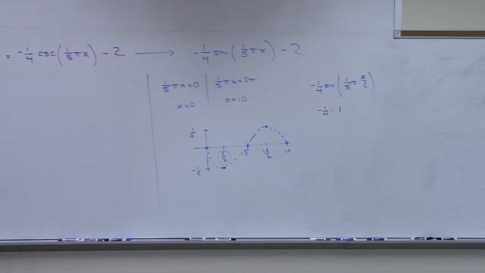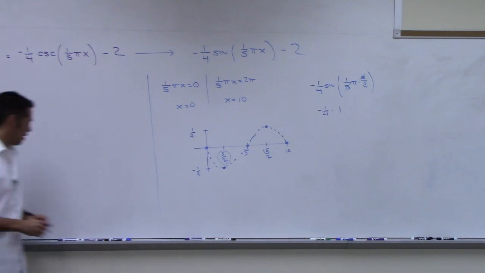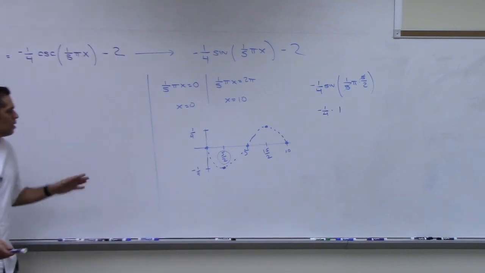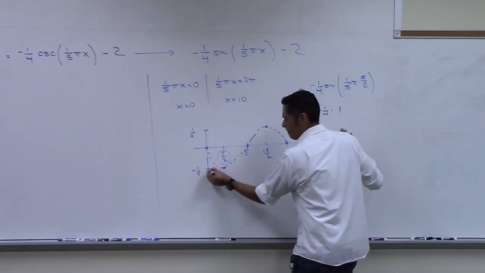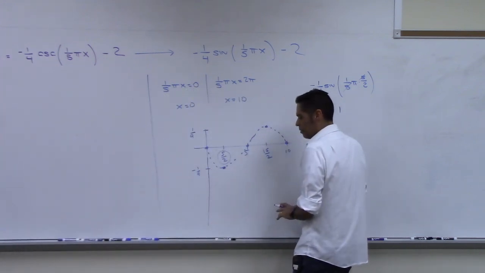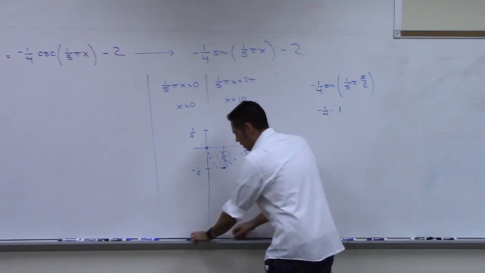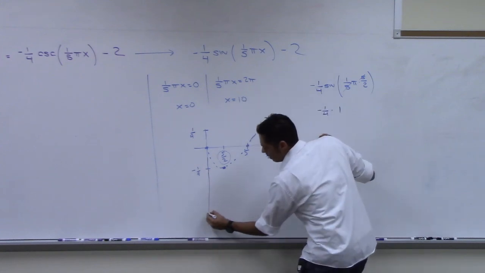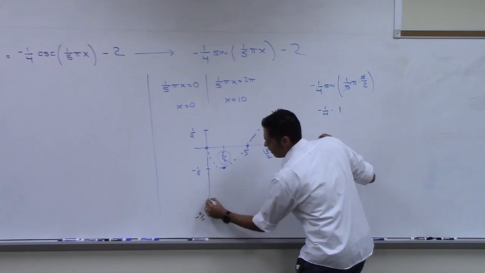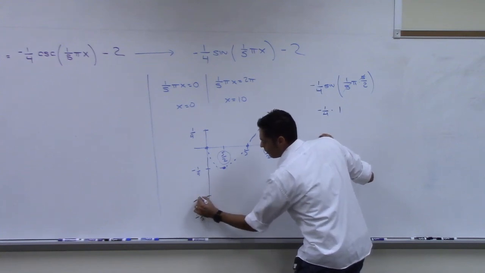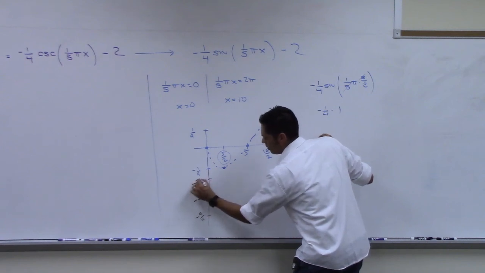Okay? Now I need to move everything down 2, right? I already know what these values are because I've already subtracted 2 from that earlier. And I think I'm going to go with a black marker here. I have like -9/4. I had -2 and -7/4.